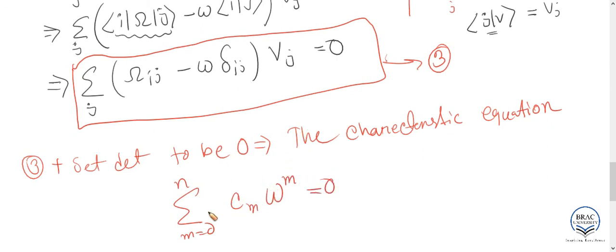So you can think of this as a polynomial expansion, and this equation is our characteristic equation.